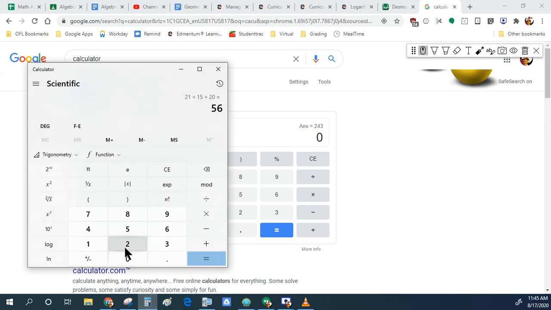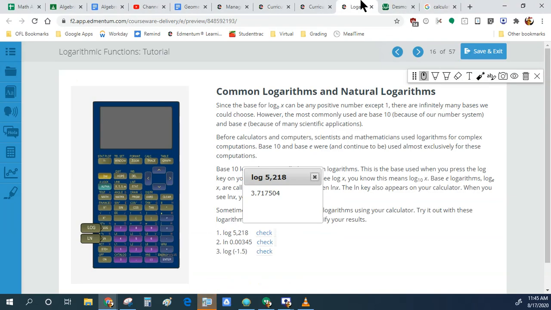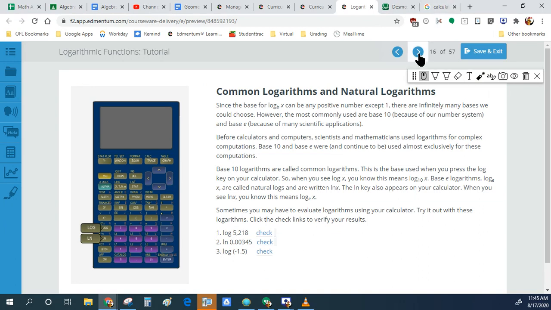Using the calculator on your computer could work, but I don't like how you have to do it by term. Google has a better calculator than a built-in calculator on your computer, I think personally. But we're not going to go over these because this is literally just plugging into your calculator, and I'm pretty sure you know how to use a calculator.